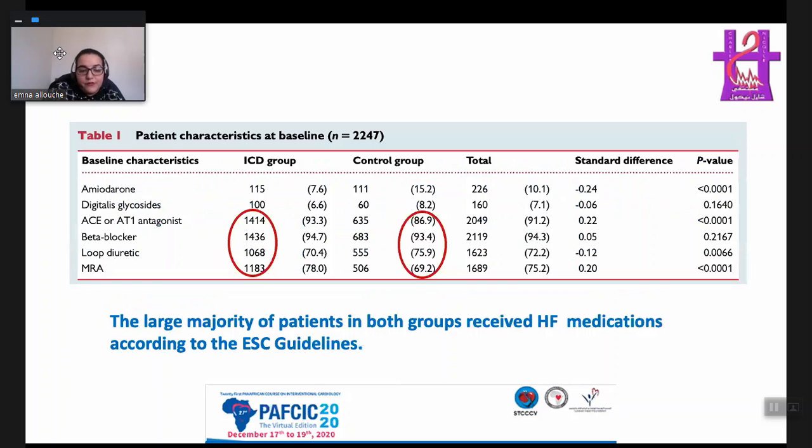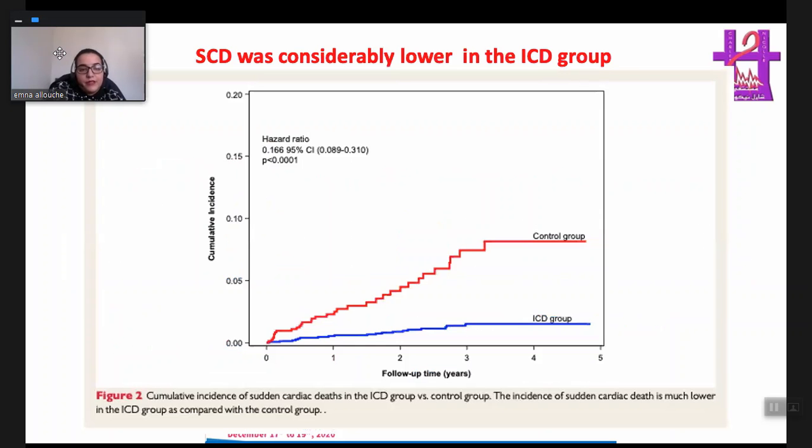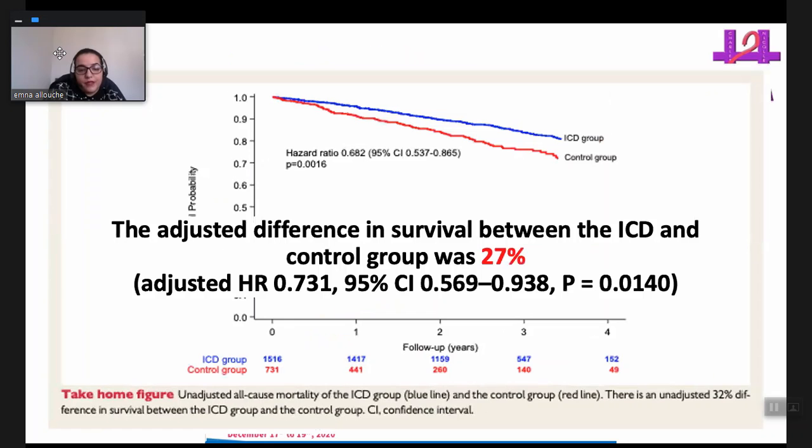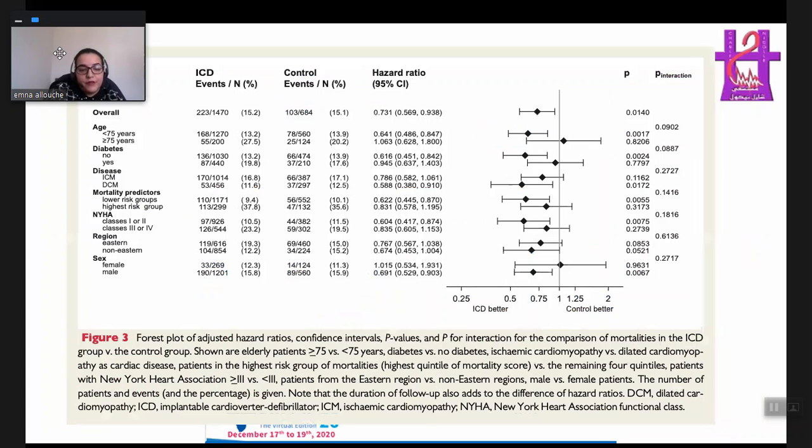The large majority of patients in both groups received heart failure medication according to the ESC guidelines. And we can see that sudden cardiac death was considerably lower in the ICD group. The adjusted difference in survival between the ICD and the control group was 27%.